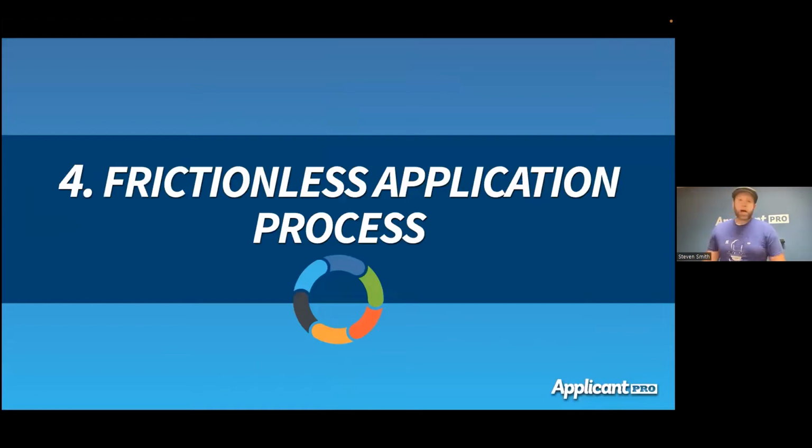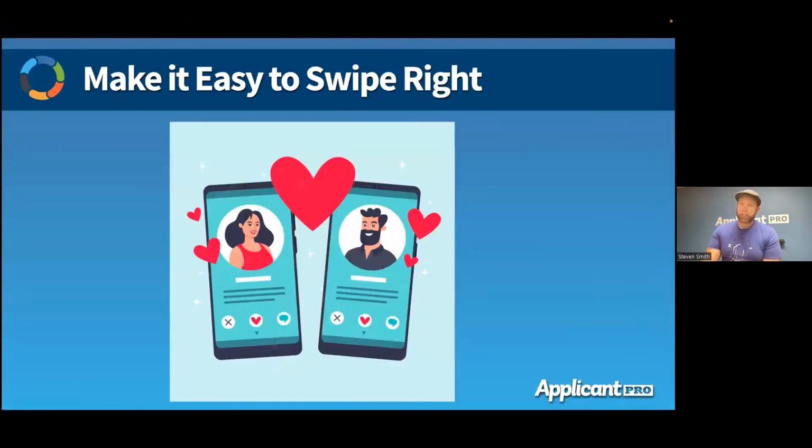So let's talk about this frictionless application process, because it's kind of interesting. Historically, one of the things that COVID really caused was a lot of baby boomers to retire early. The baby boomer generation wasn't supposed to see a huge influx of retirement until about 2028, 2030, thereabouts.